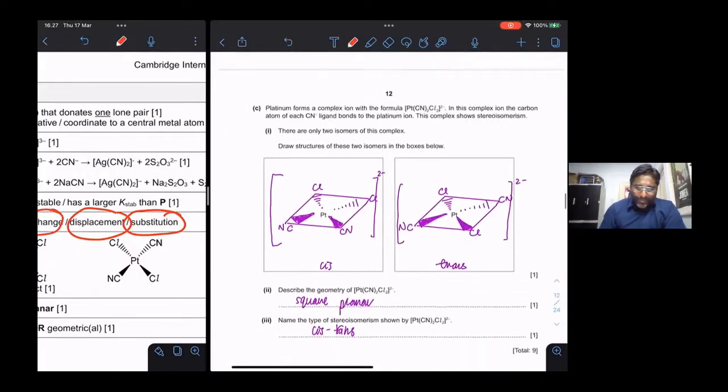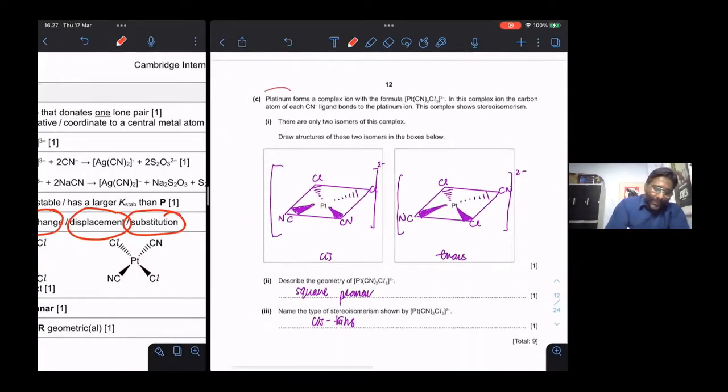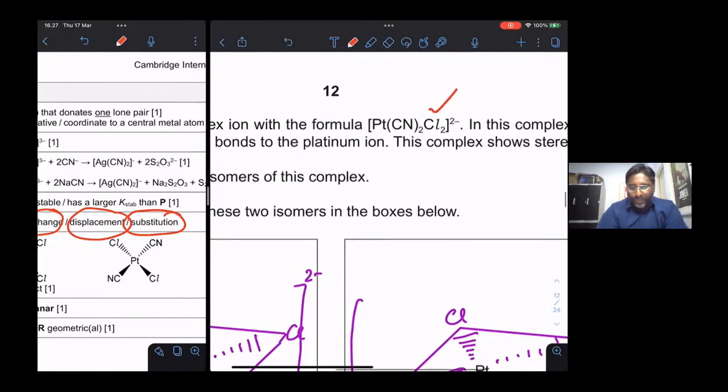The next part: you have platinum, which forms a complex ion with the following formula. The coordination number is 4. The moment you see coordination number 4, they can exist in the form of tetrahedral or square planar.